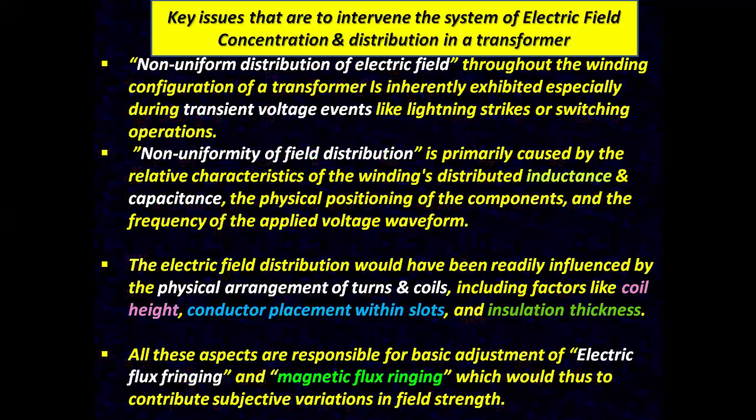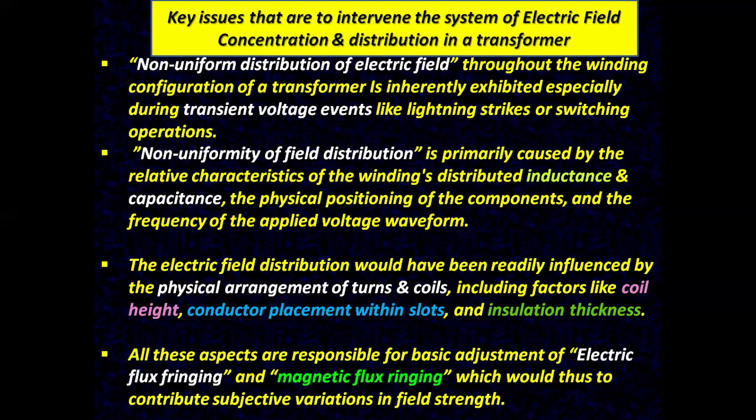Key issues that intervene in the electric field concentration and distribution in a transformer. Non-uniform distribution of electric field throughout the winding configuration of a transformer is inherently exhibited, especially during transient voltage events like lightning strikes or switching operations.